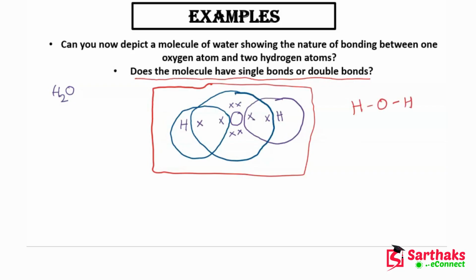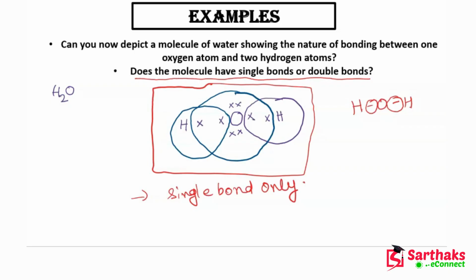Single bonds are shown by a single line. So you can see there are 2 single bonds. Does this molecule have single or double bonds? Of course, this molecule has only single bonds. You can see that there is no double bond because only 1 pair of electrons is shared.